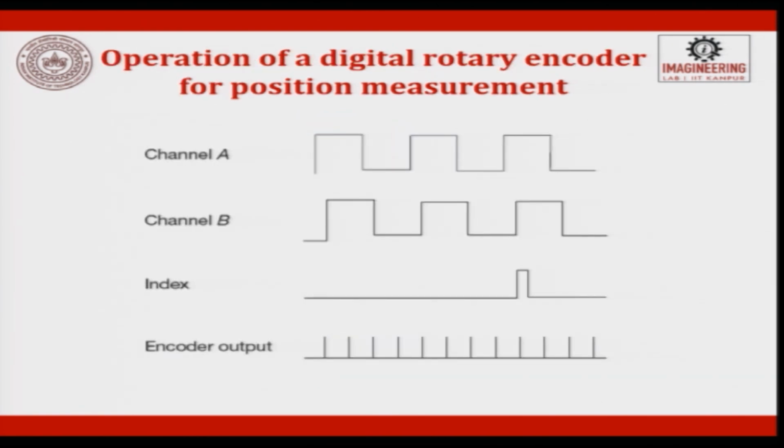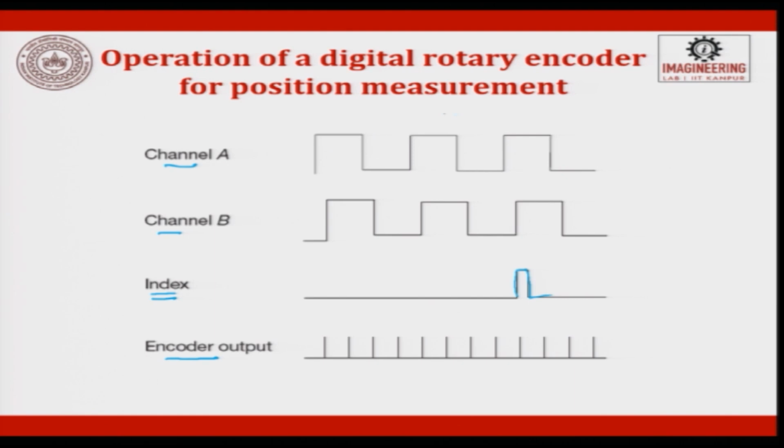When we look at the positions of the digital rotary encoder, channel A, channel B, and it tries to say an index where there is a difference, and that index is given as a pulse here. So, these are the encoder output, these are the index. Index is nothing but a shift between the two, a comparison, and then it tries to say where there is a shift, that is index.